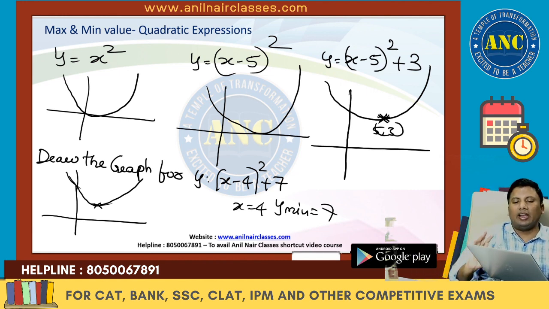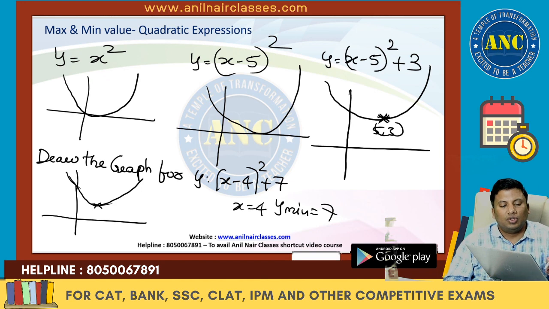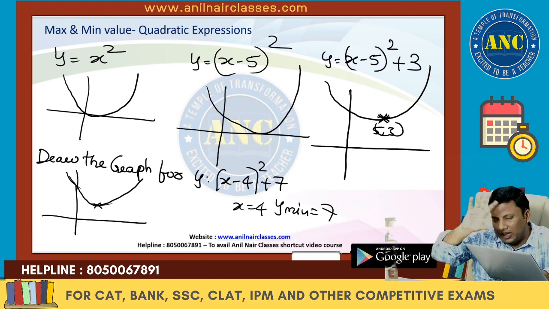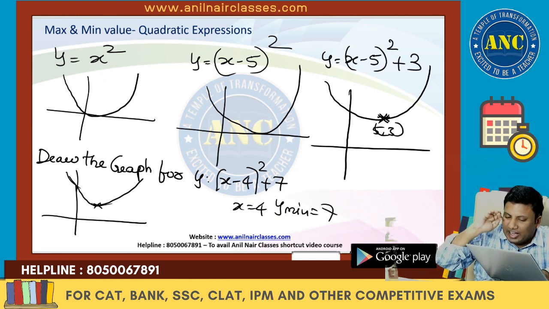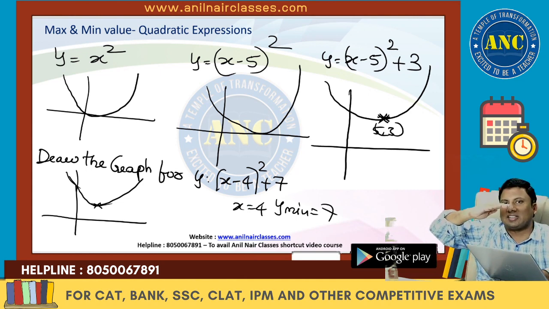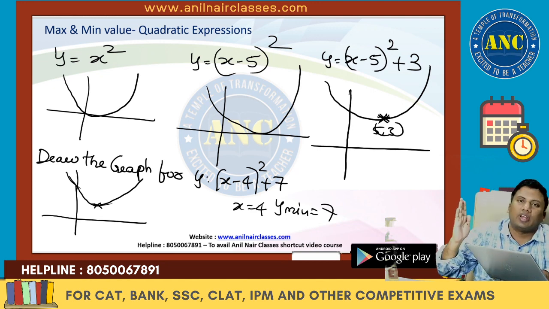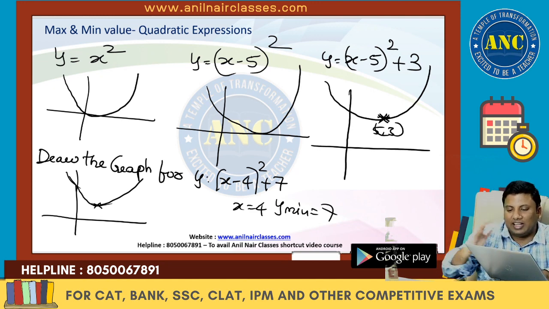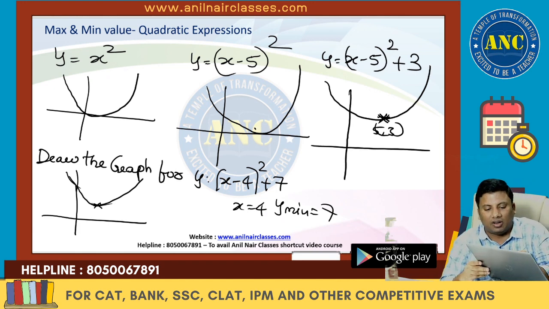Just by looking at the graph, you can tell all the values, right? You can tell the approximate behavior of the graph is like this. X minus 4 square means it will not touch the axis. It will be 7 units above the x-axis. It will be 4 units to the right of the y-axis. Like that, you can draw a lot of conclusions.